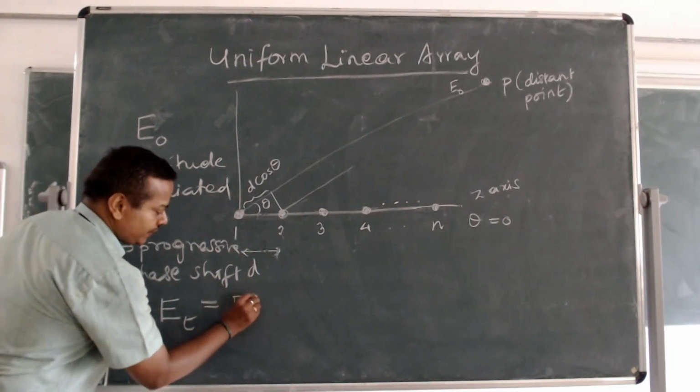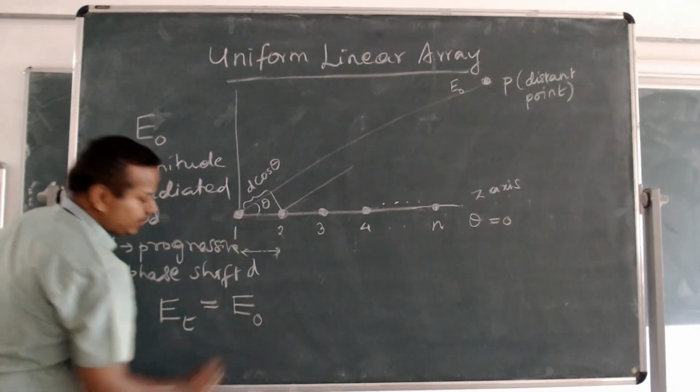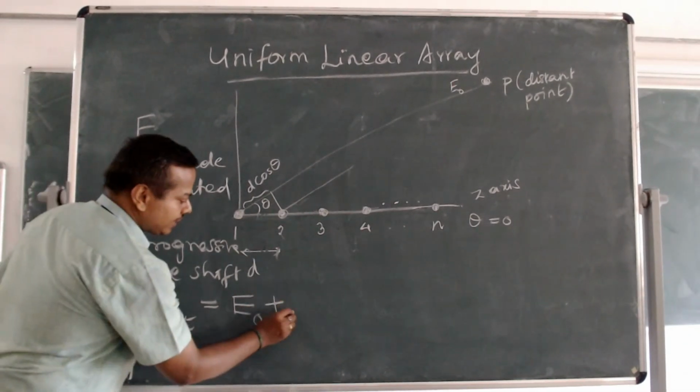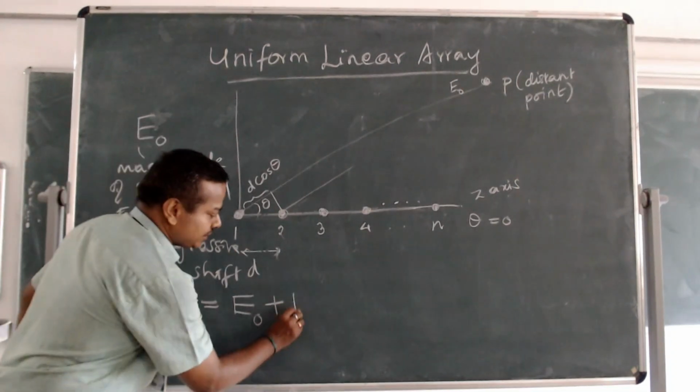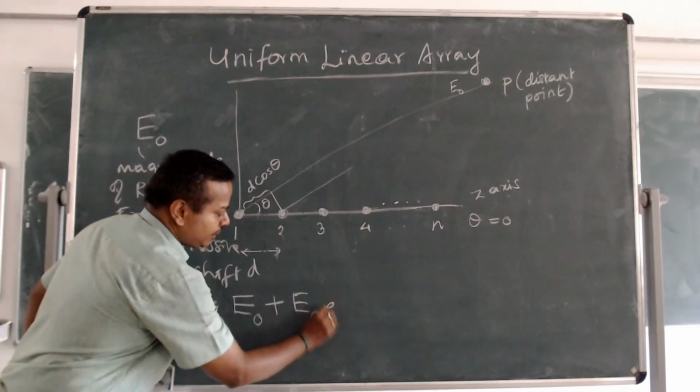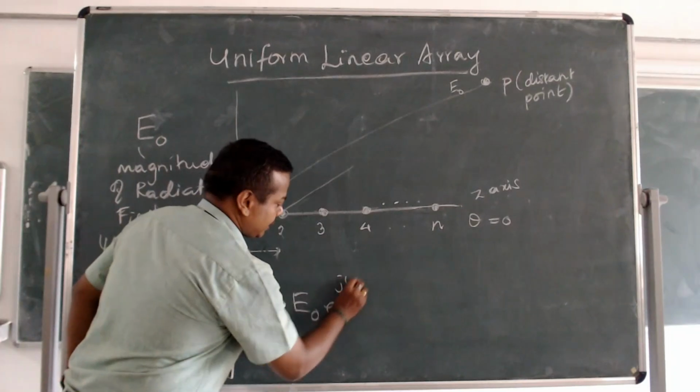The first element is creating the field E naught. The second element is creating the field with the progressive phase shift of psi. We denote this as E naught e power j psi.